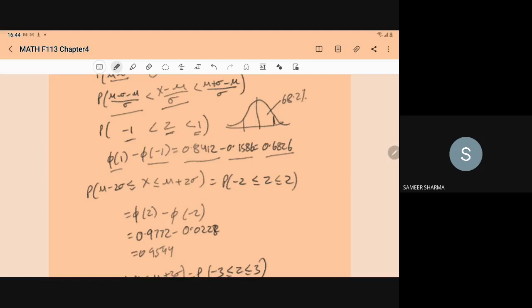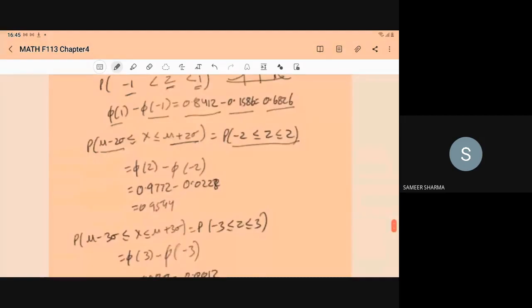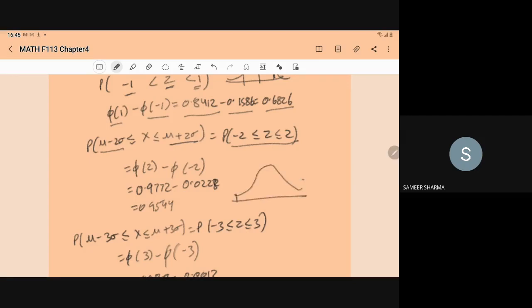Similarly, if your requirement is within two standard deviations, by the same steps Z will lie between -2 and 2. So phi of 2 minus phi of -2 is 0.9772 minus 0.0228, which comes to 0.9544. So you can say around 95% lie within.